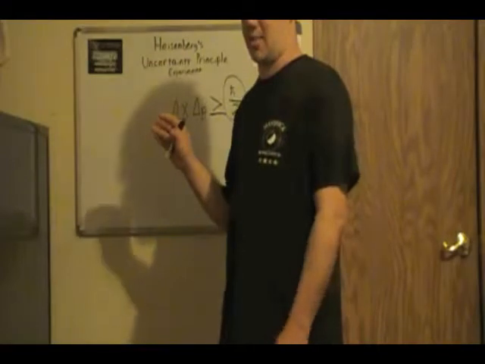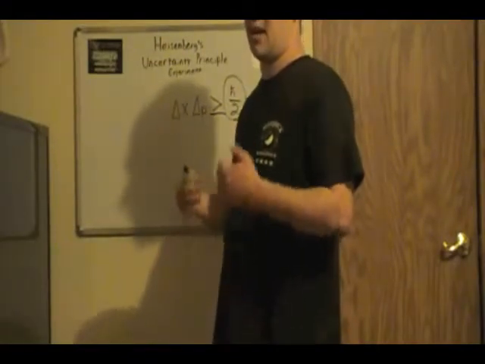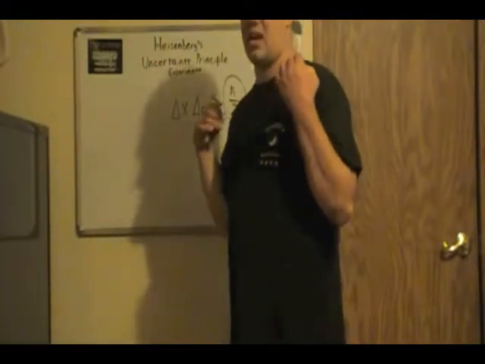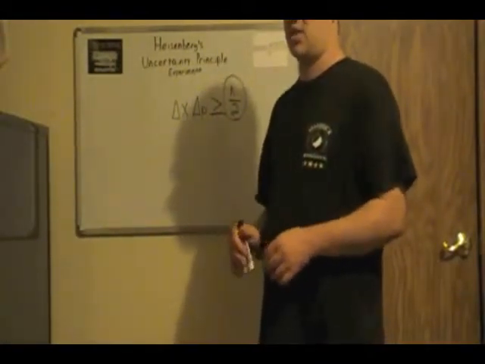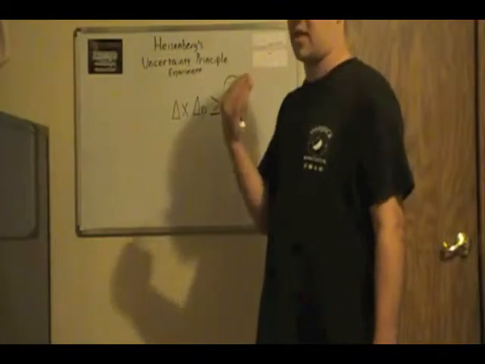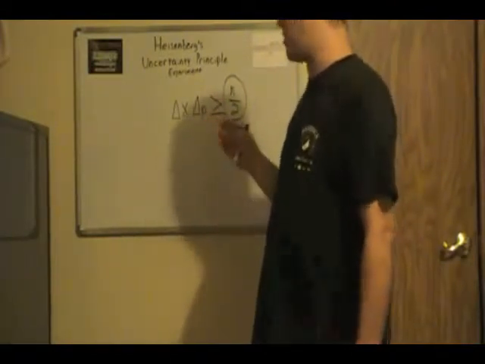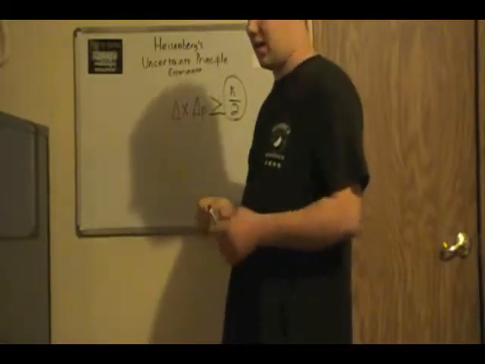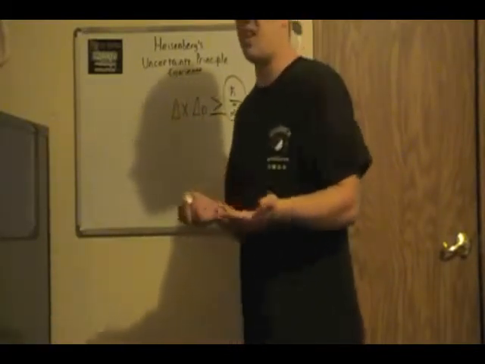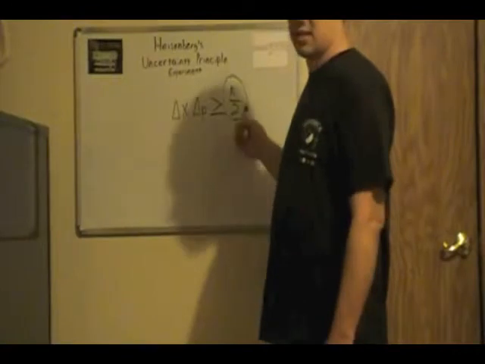You can't know it to absolute certainty, and that's not a consequence of our limitations, the limitations of our perception. This is inherent in reality. Again, like I said, this number is very small.